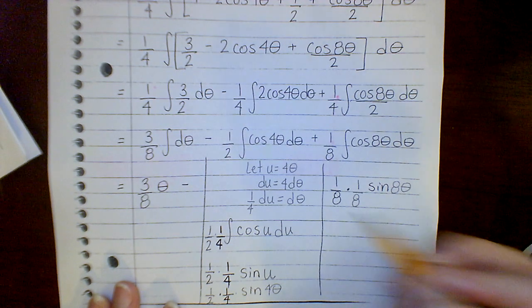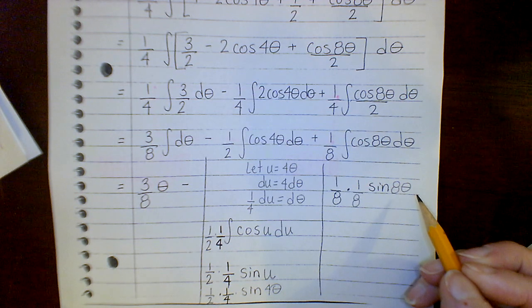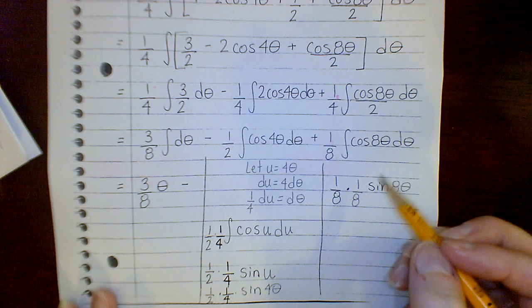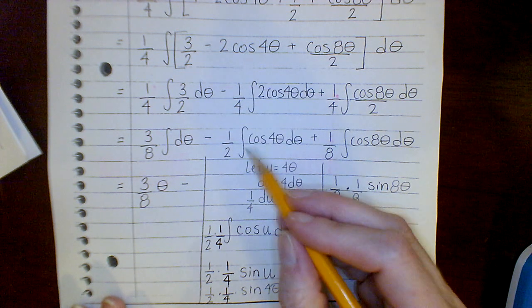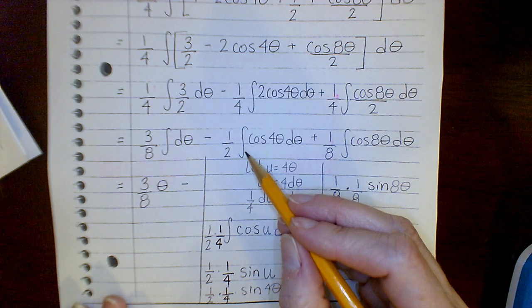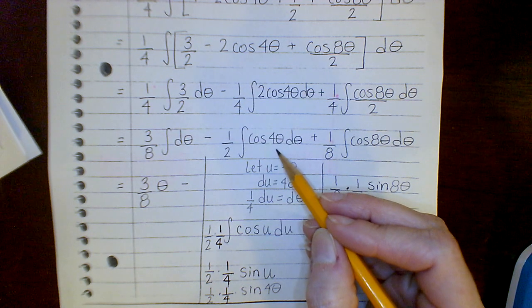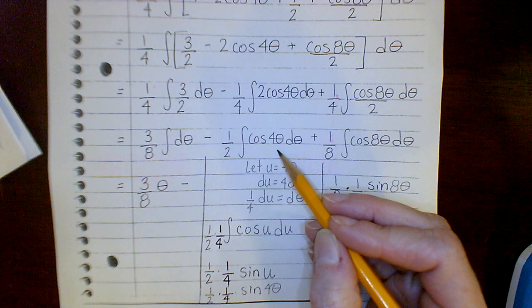Over here, I didn't do the substitution. I just kind of did it in my head, you know. From the chain rule, if you were taking the derivative of this, you would take the derivative of cosine, right, which is, negative sine, yeah.